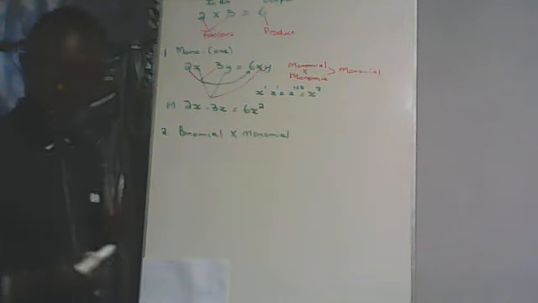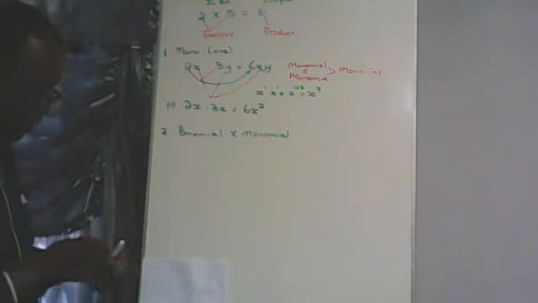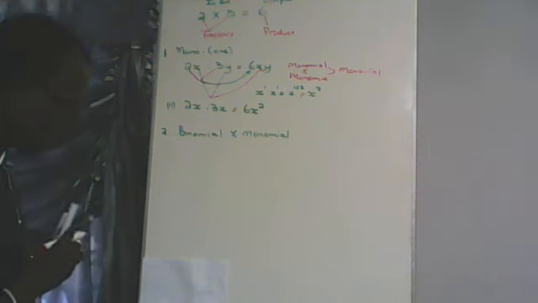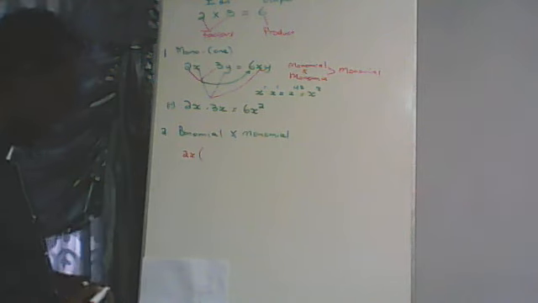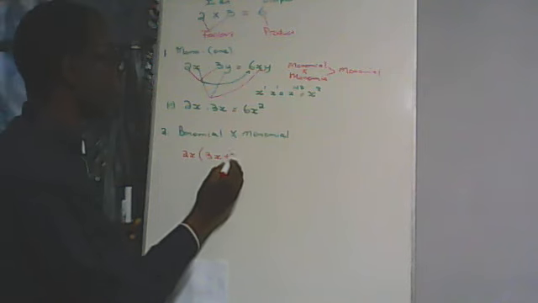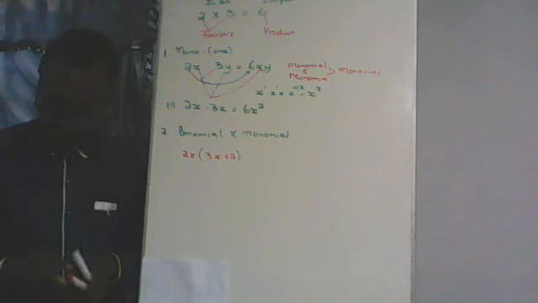How do we do that? Let's take 2x and then 3x plus 2. How do we do this?